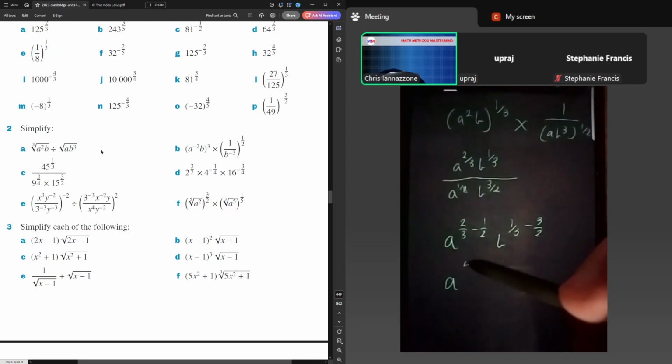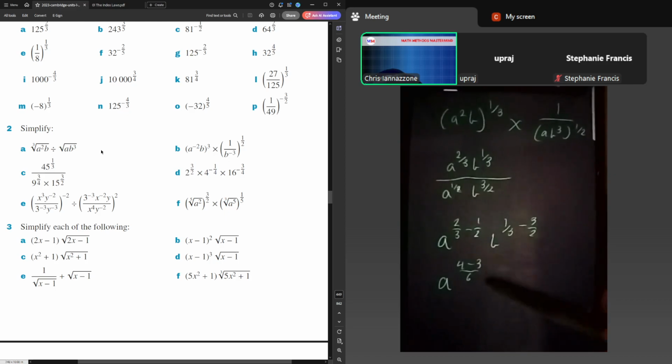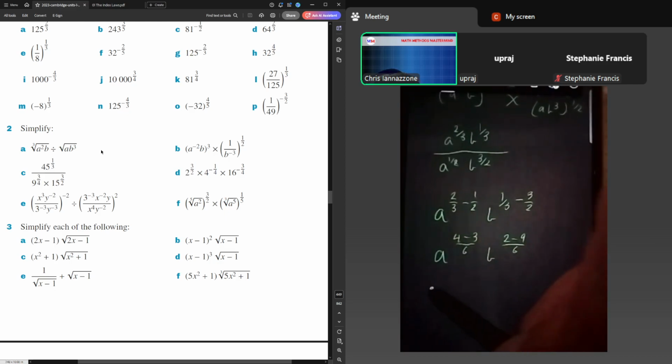So we're looking at 4 minus 3 on 6, and then we're looking at b to the 2 minus 9 on 6. Finally, a to the 1 over 6, b to the 7 minus 7 over 6.